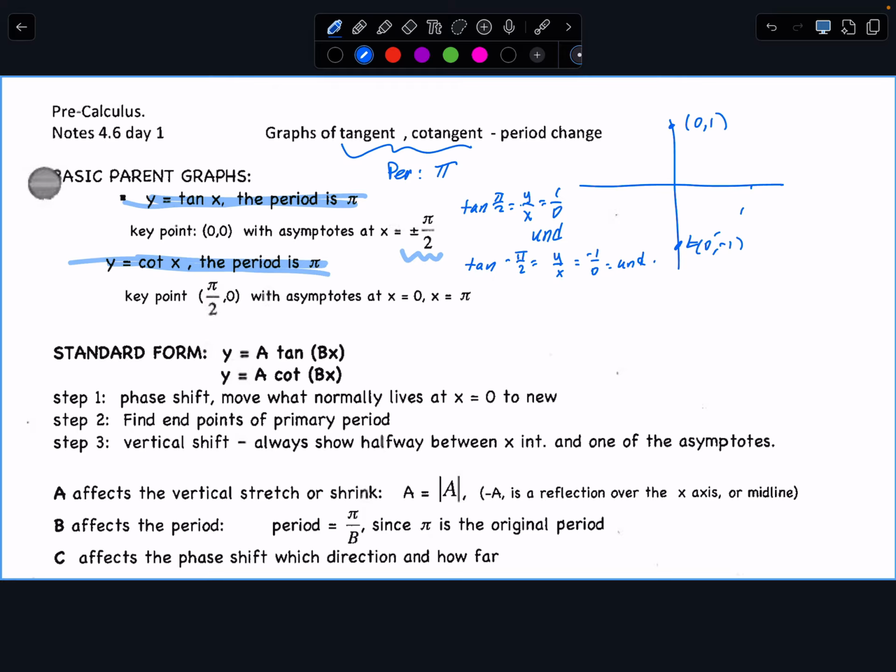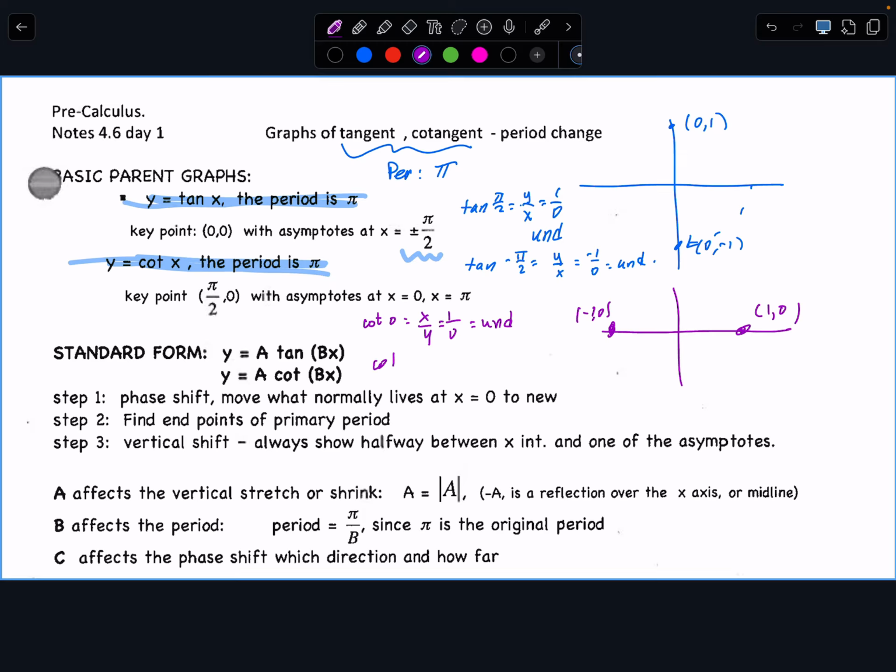And then for cotangent, you have asymptotes at 0 and pi. Because at 0 you have 1, 0, at pi you have negative 1, 0, on the unit circle. And the cotangent of 0 is x over y, and x is 1, and y is 0, and it is undefined.